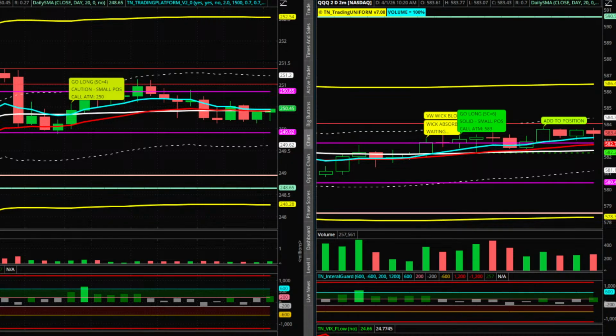IWM is looking interesting. It's tested VWAP a couple of times and was able to bounce off VWAP, and the signal is still intact right now. It's still this go long. Wow, look at IWM.